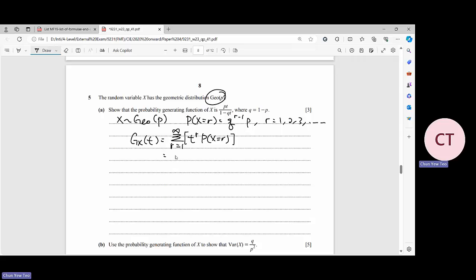That means it's t power 1 multiplied by p, plus t q p, plus t squared q squared p, plus t cube q square p, plus t power 4 and q power 3 and then p, and so on, go to infinity. So right here you can see that they all have common factor pt, and if you factorize it out you get this.